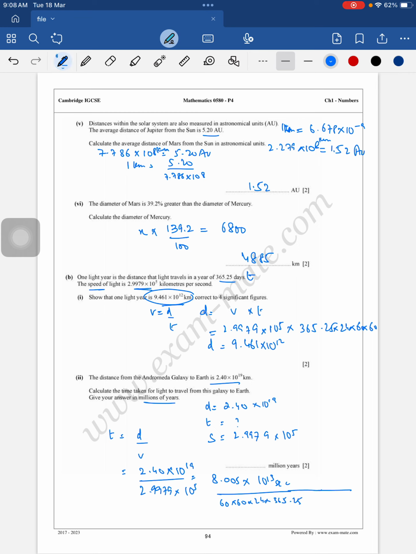Now coming to millions of years, converting into millions of years, so dividing by this, we are getting 2.53 million years.